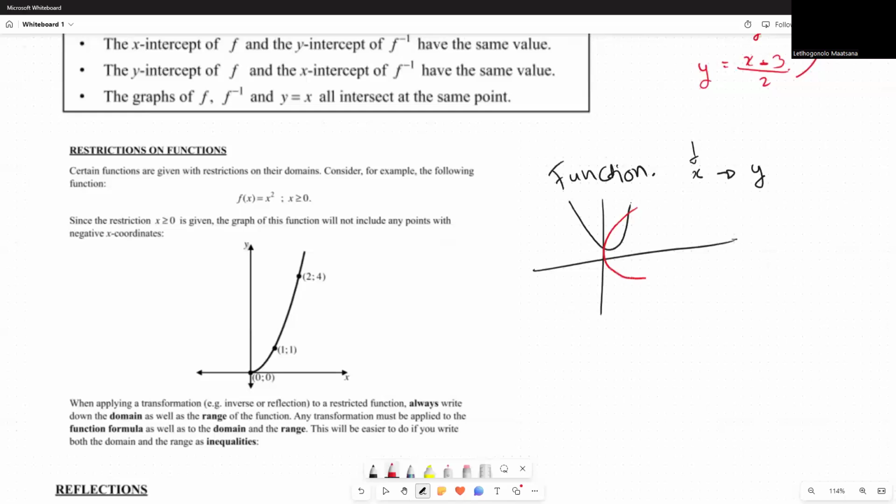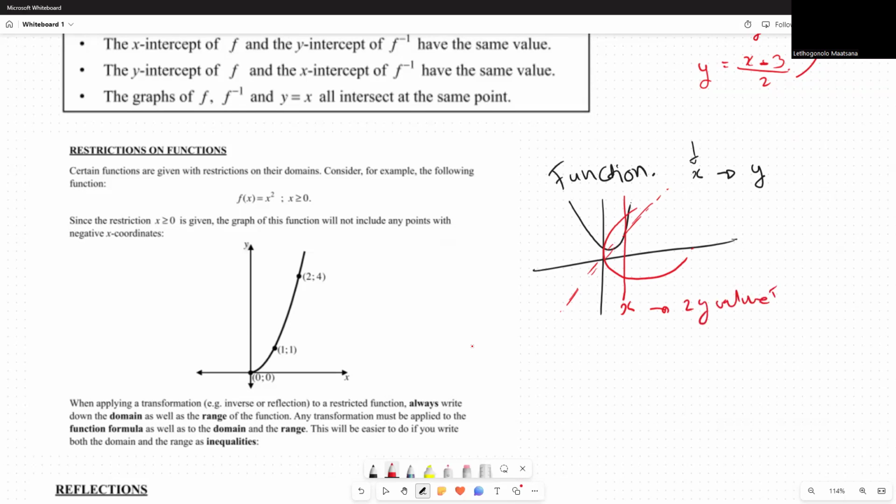Now, if we look at this graph over here, if I were to inverse it, I would get a curve that looks like this because it is a reflection of that. The problem with this graph is that with one x value, we get two y values, which is not a function.